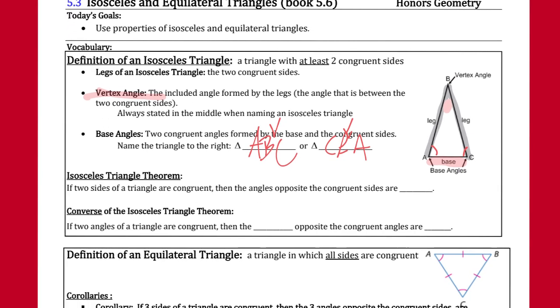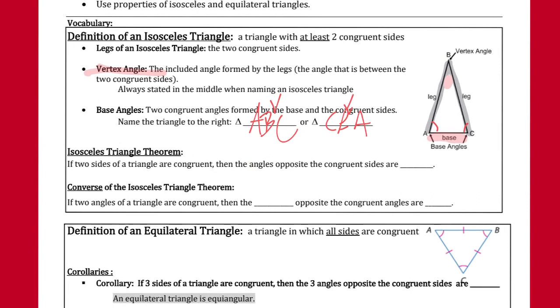Okay, the theorem. If you have an isosceles triangle with two sides congruent, then the angles opposite those sides will also be congruent. That's the isosceles triangle theorem. We can do the converse.